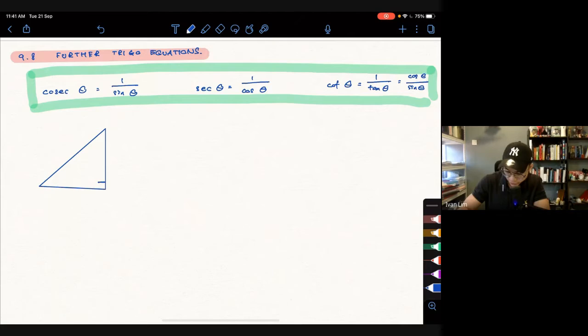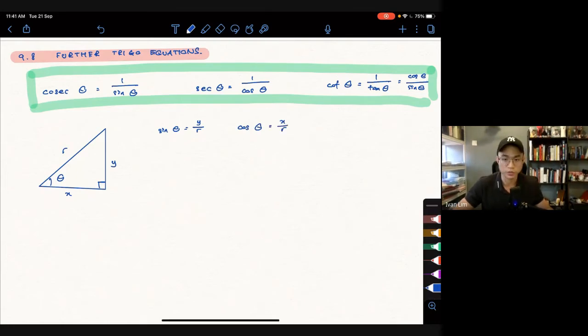So we draw a right angle triangle. This is x, this is y, this is r, and this is your theta. Okay, so let's write out what is sine, cos, tangent, and then what is cosecant, secant, and cotangent. So sine theta is equals to y over r. Cos theta equals to x over r. This is in reference to this right angle.